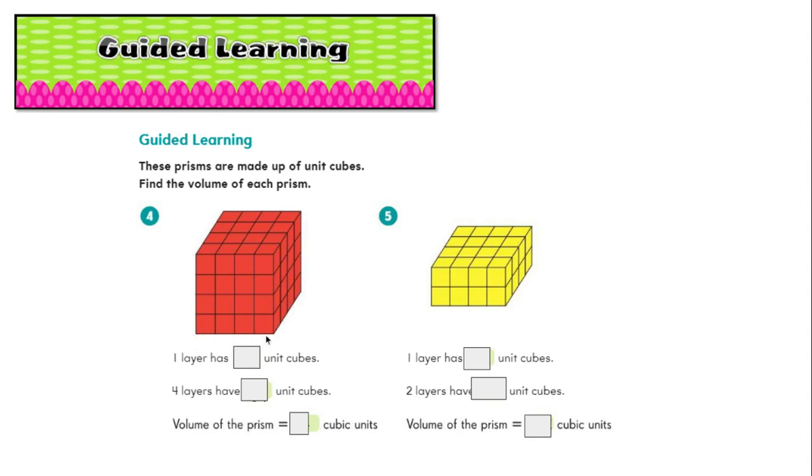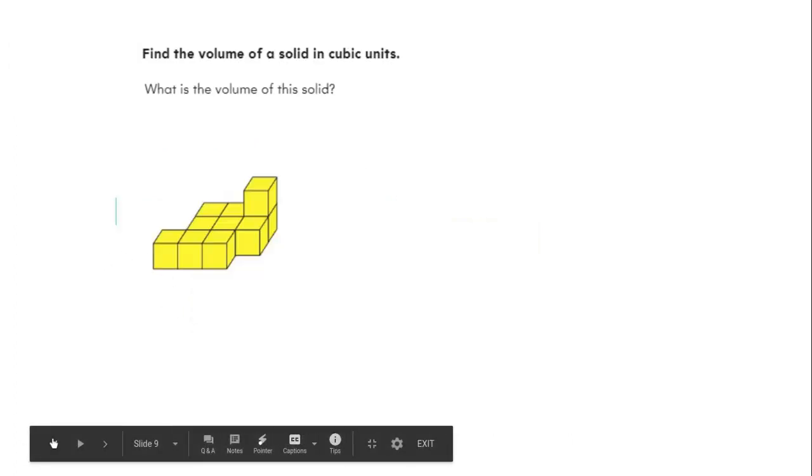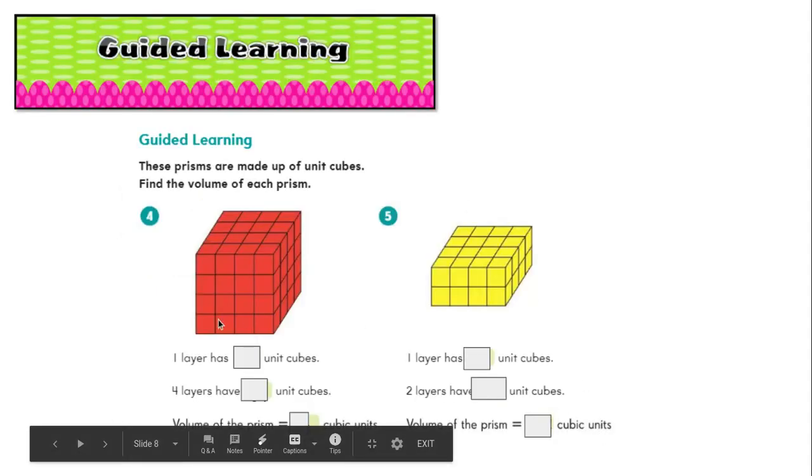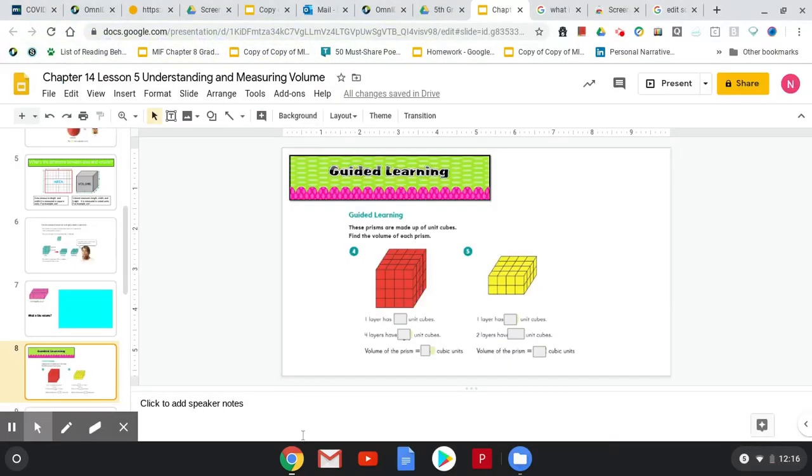So that's 4 times 4, and I have 16 units cubed. I apologize, I'm going to X this out for a moment. Give me a second. Now I think I can move these around. So that is 16 unit cubes.